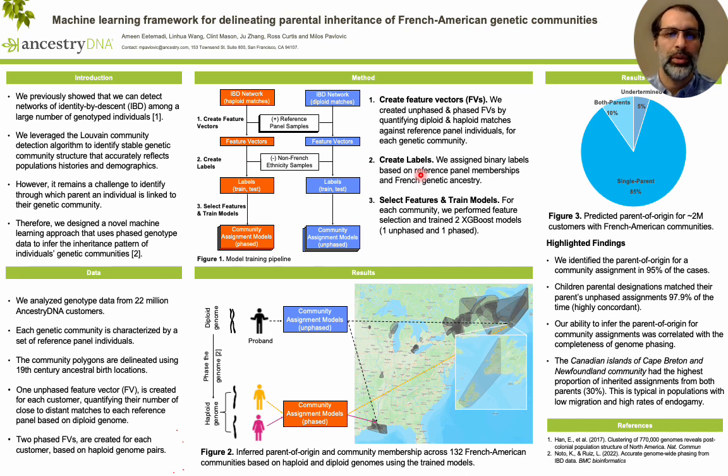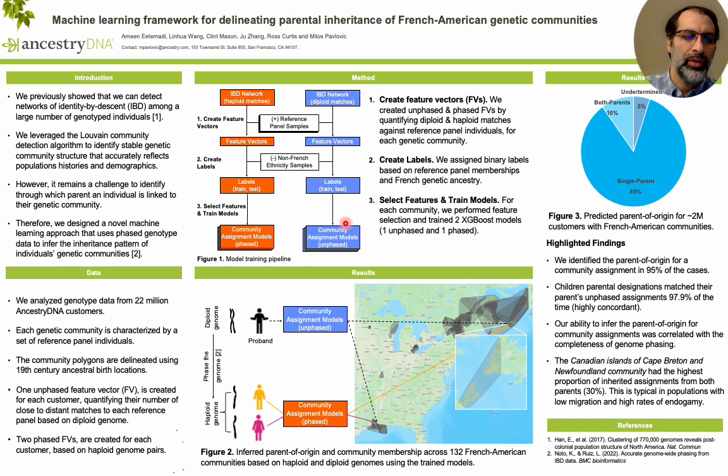So members of a given community will get the positive label, and the members of other communities and people with very low French genetic ancestry will get negative labels. The last step, we select features and train the models using XGBoost. At the end, we get one unphased model and one phased model for each community following this pipeline.